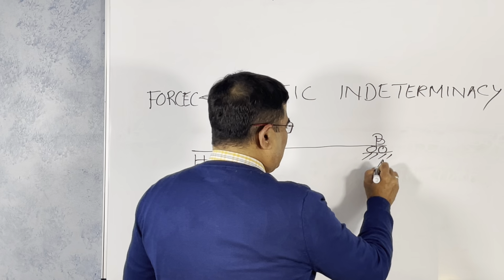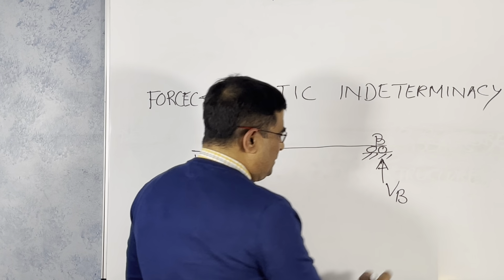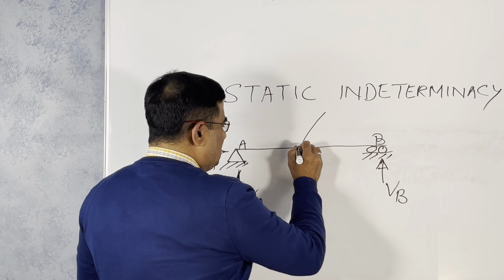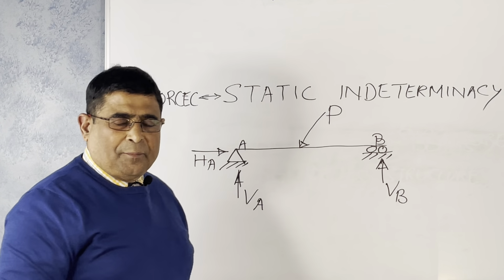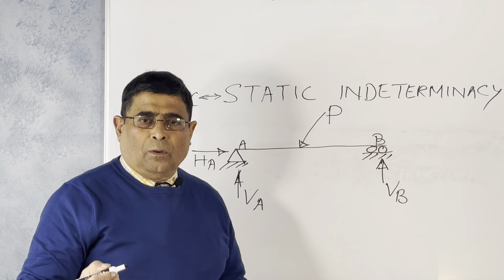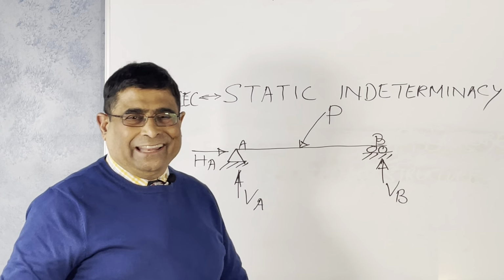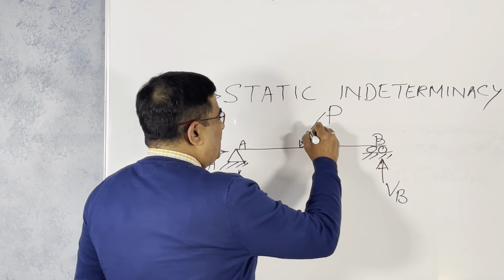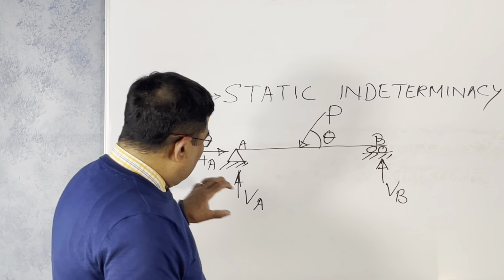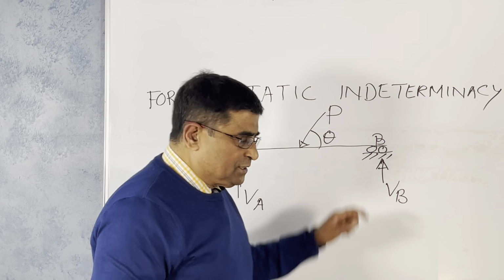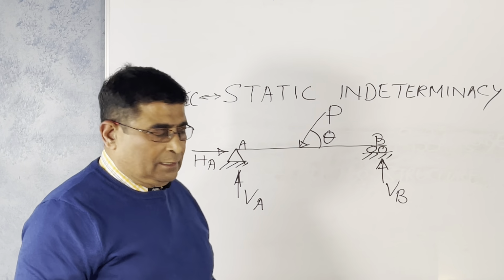Here only vertical reaction, which you can say VB. If the force is P, may be anything, 10 mega Newton or 5 ton, and if it acts at an angle of theta, then you can find out the reactions. This is the simple beam, simply supported.